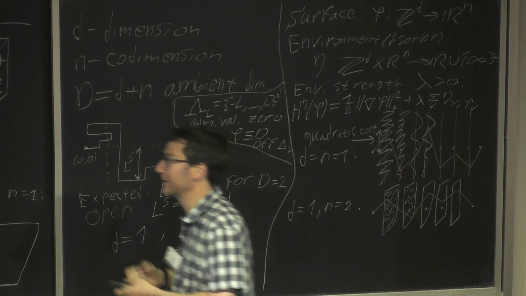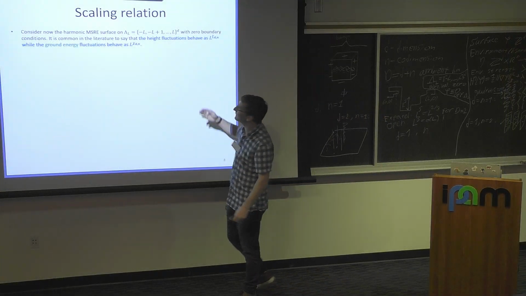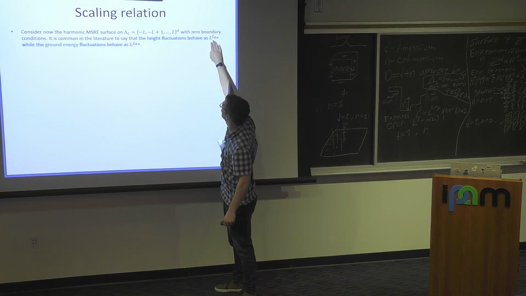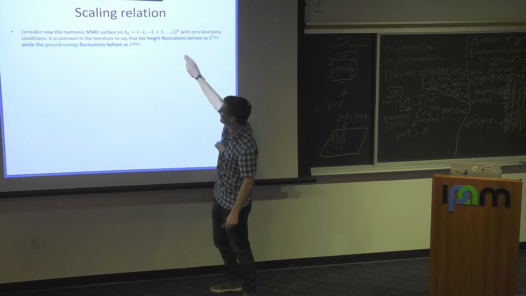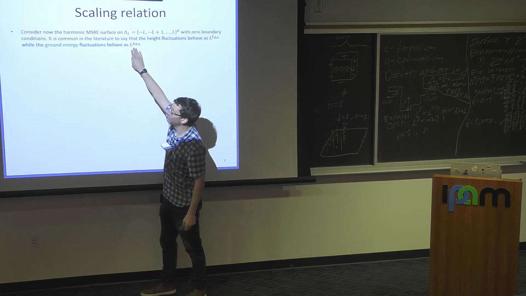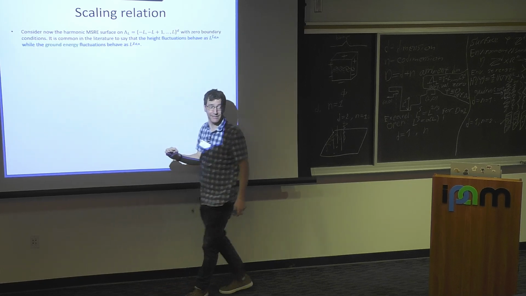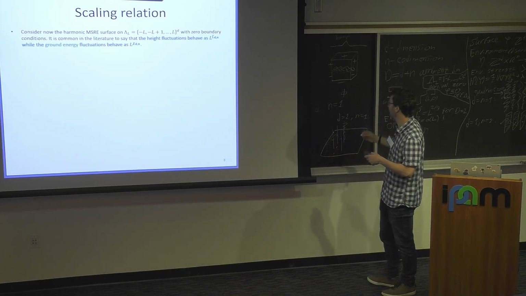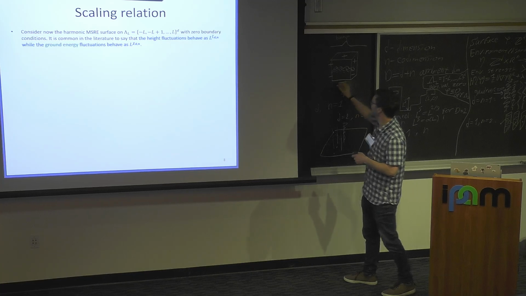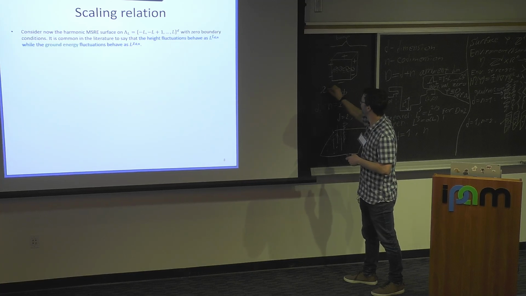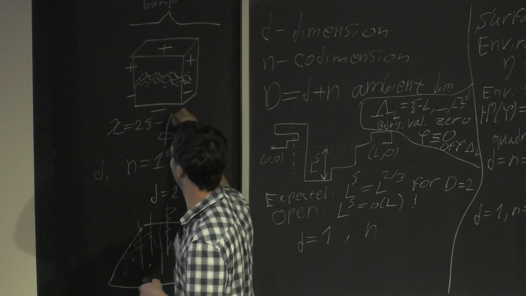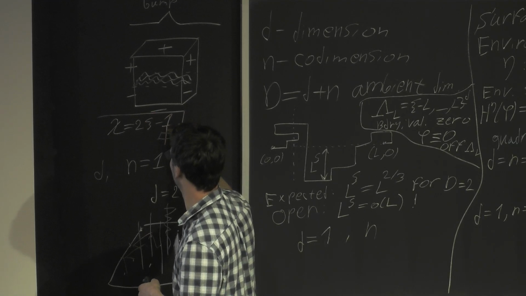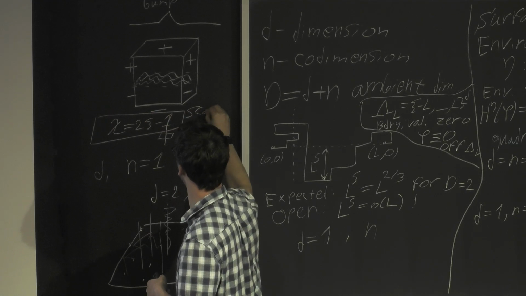The physicists, again, usually denote the height fluctuation by L to the xi, and the fluctuations of the ground energy by L to the chi. And perhaps those of you who have worked on first passage percolation have seen before the relationship that chi needs to be 2 xi minus 1. So this is a so-called scaling relation.